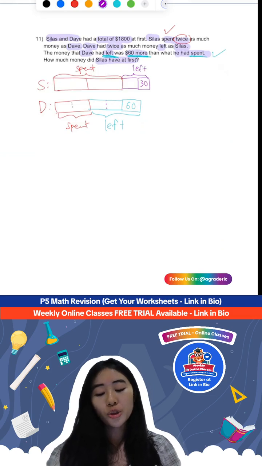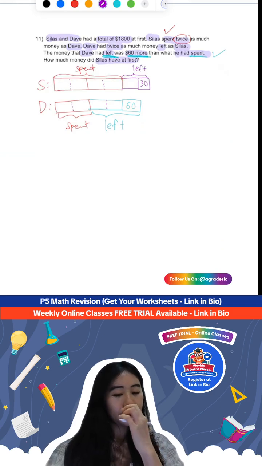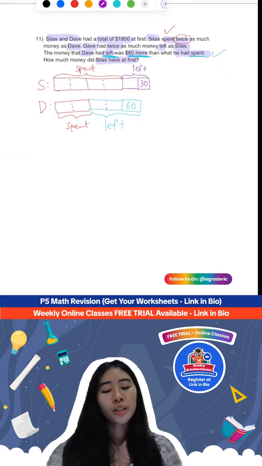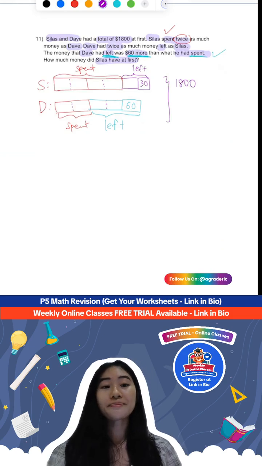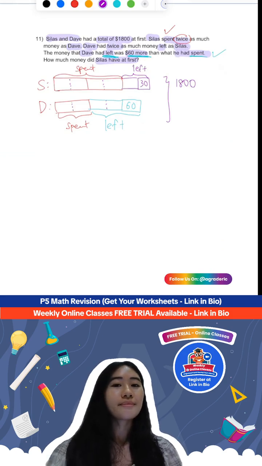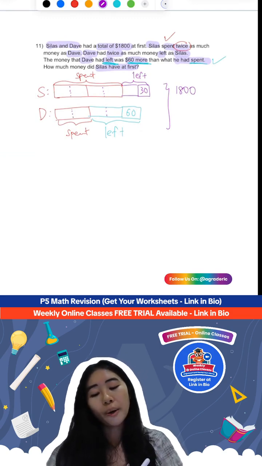So that means each unit, you have to split it into two as well, like this. And then all you need to do is their total amount. This is 1,800. And I think you can solve the question, right? So this type of model, we call it four-part model.